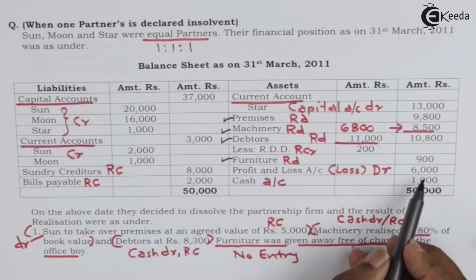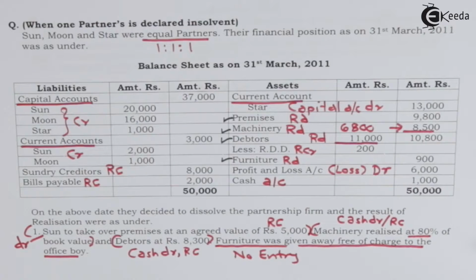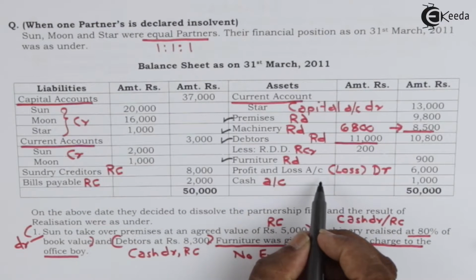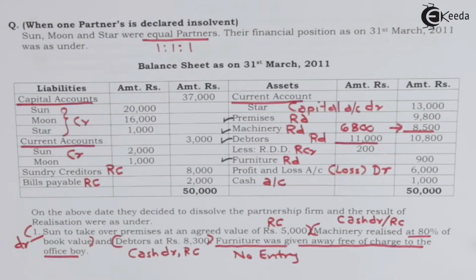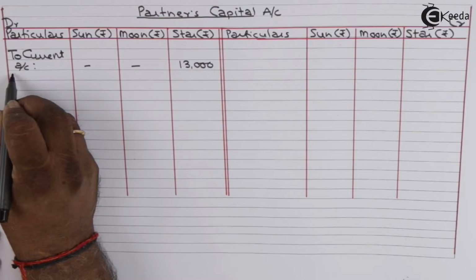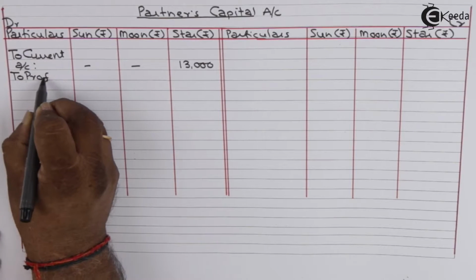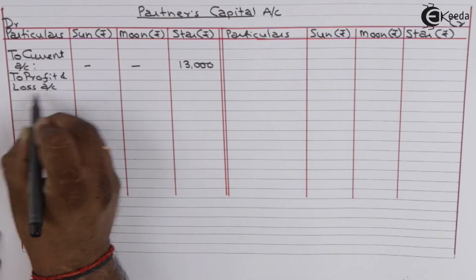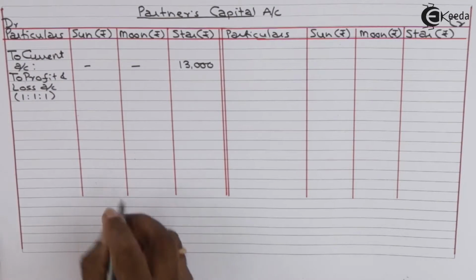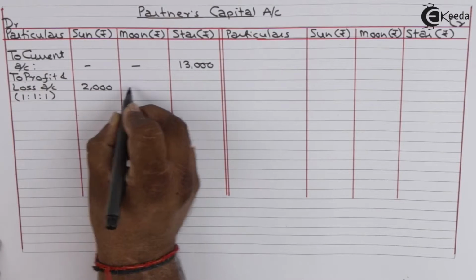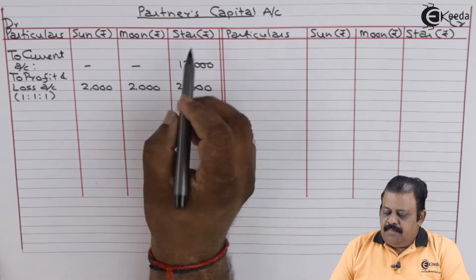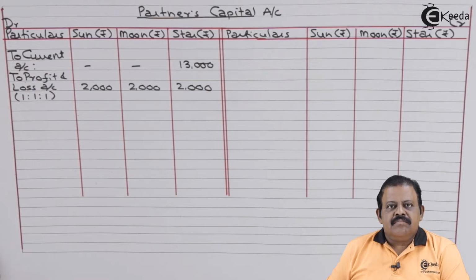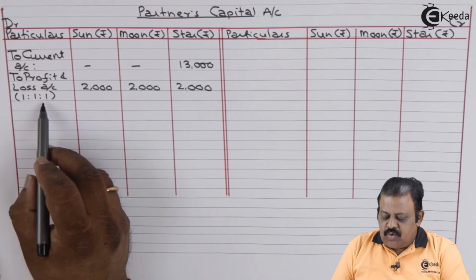Profit and loss account 6,000. This is a loss shown on the asset side. It will be divided equally among all partners. This will be recorded on the debit side of partners' capital accounts. Partners' capital account debit to profit and loss account, equal ratio 1:1:1.